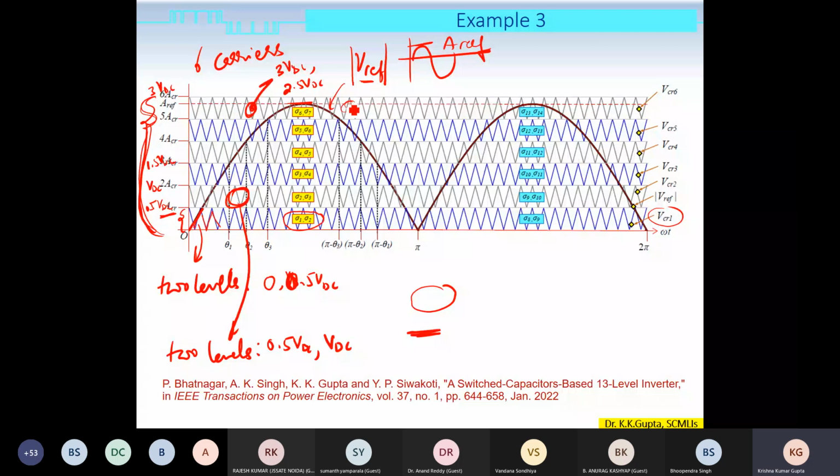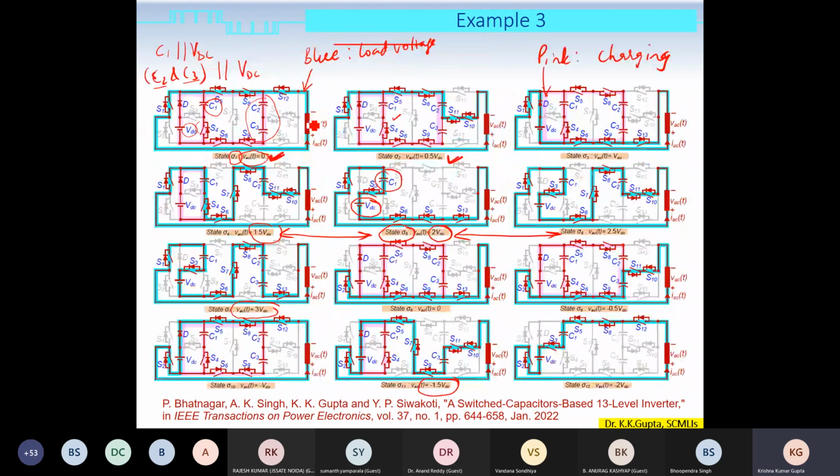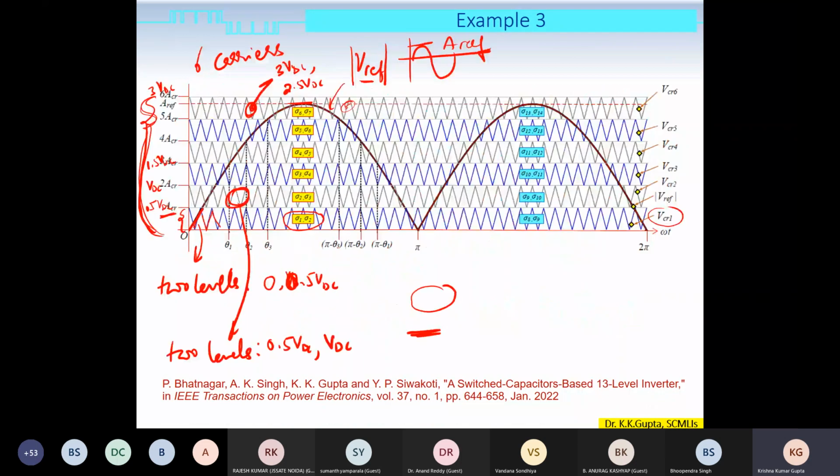Similarly, for the topmost part, the states that should be enabled here should be sigma 6 and sigma 7. So here you see sigma 6 is 2.5 VDC and sigma 7 is 3 VDC. So that analysis of the topology is important when we actually implement the modulation strategy.